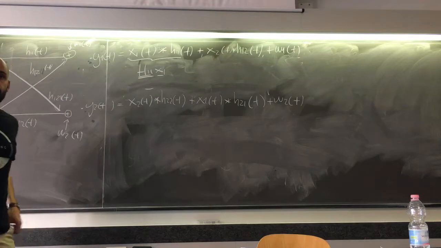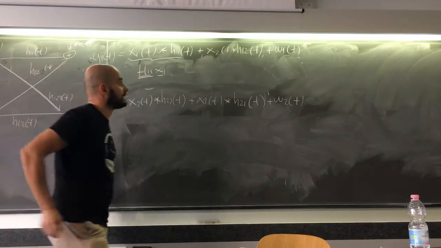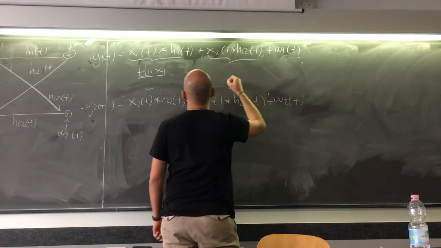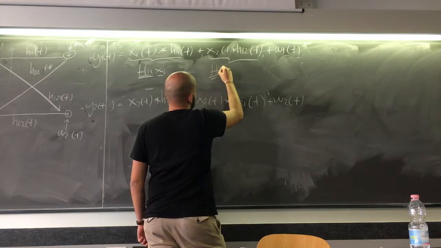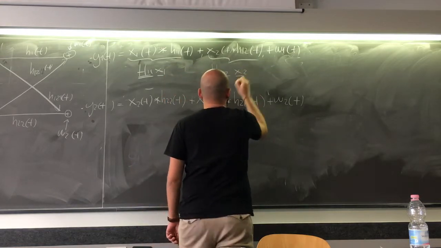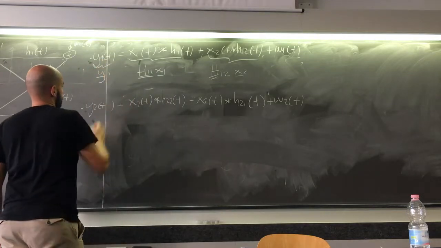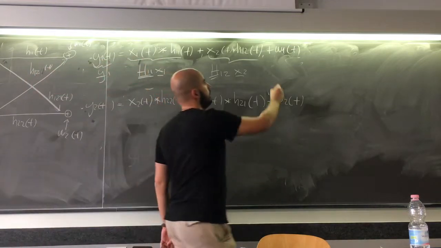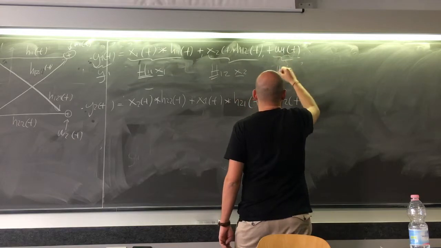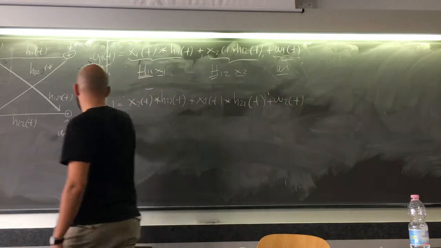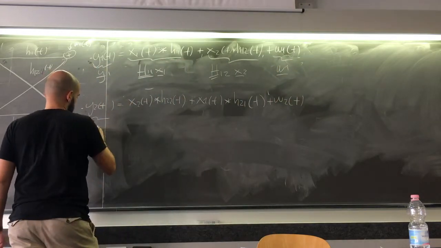H11, X1, right? And you can do exactly the same with the second term, which is H12, X2. This becomes y1, w1, vector y2.